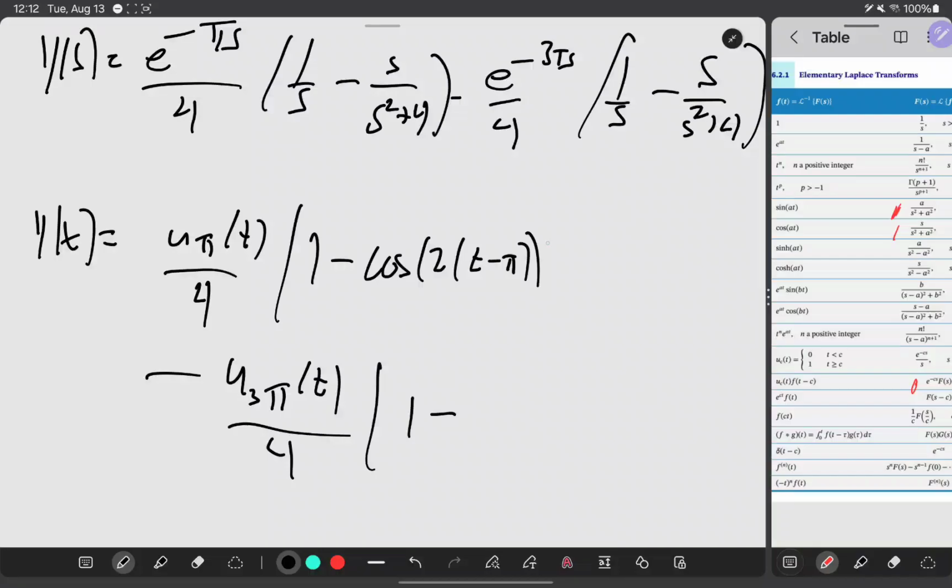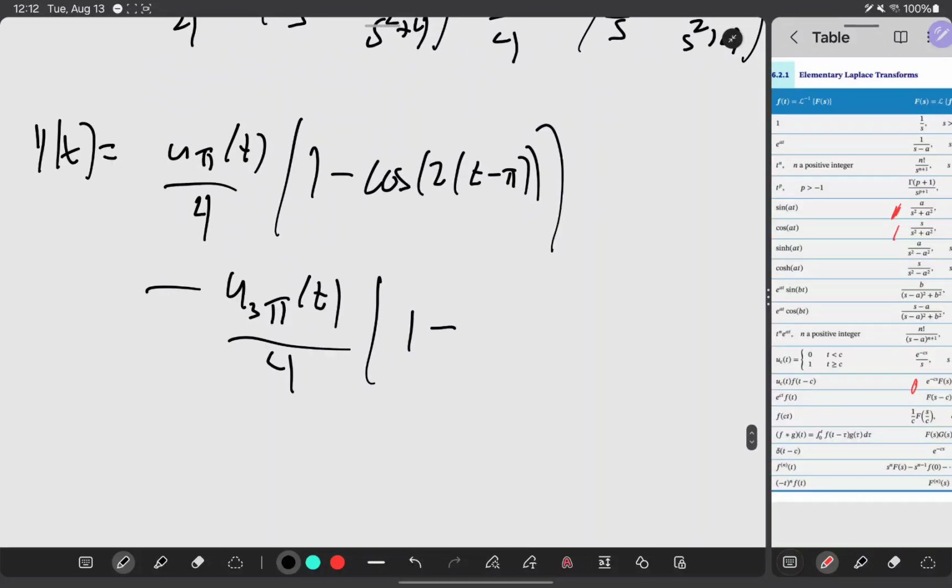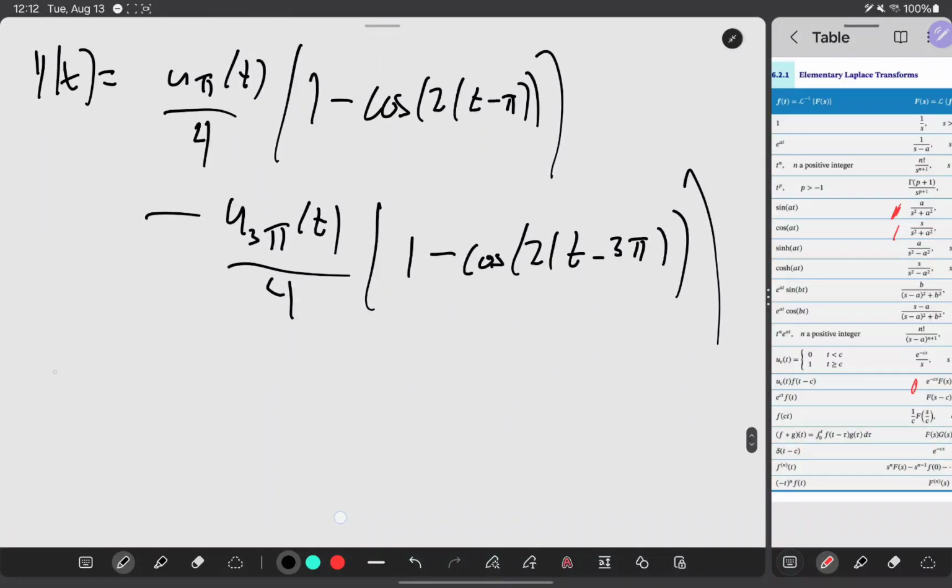My bad. 1 minus, plugging in t minus 3 pi. Both are the same thing, by the way, which is nice, so you can simplify it nicely. We can pull out, both of these are equal to 1 minus cosine of 2t, right?